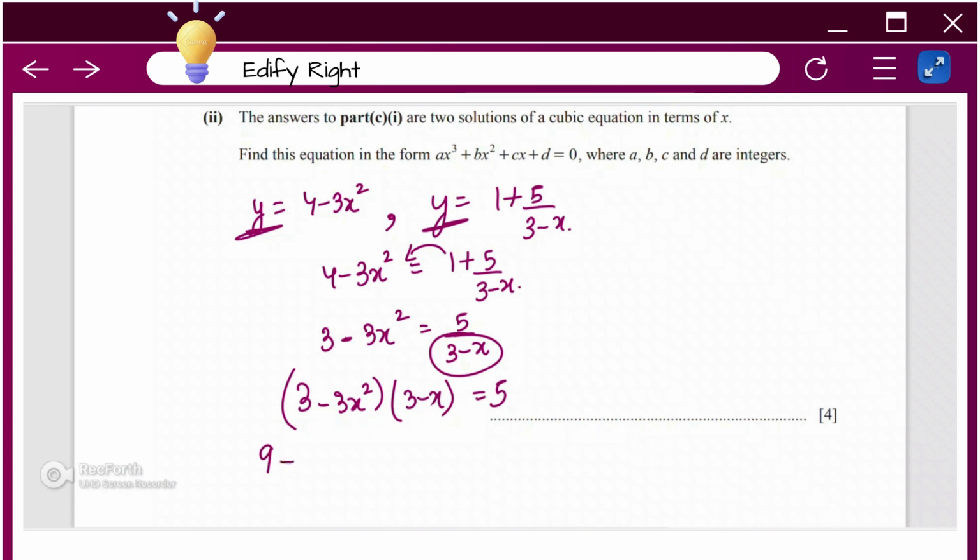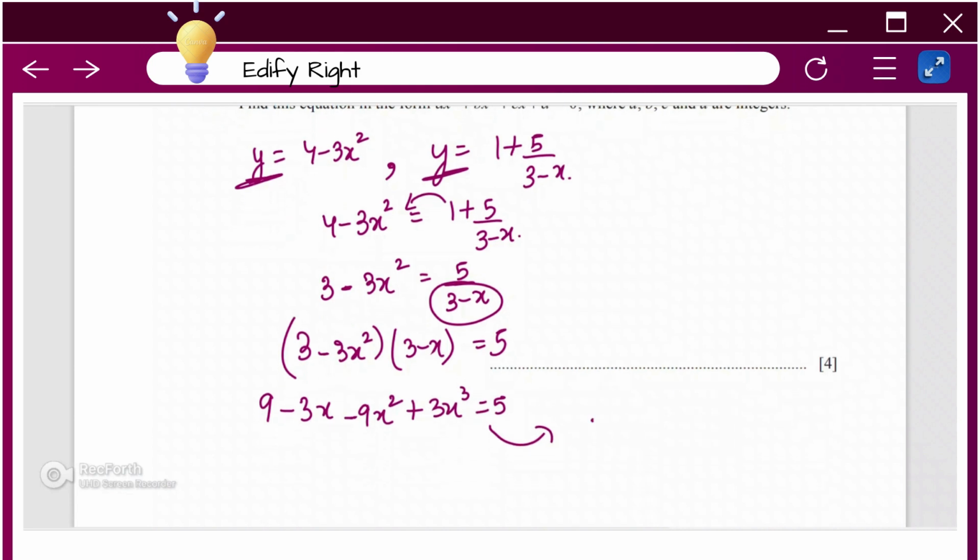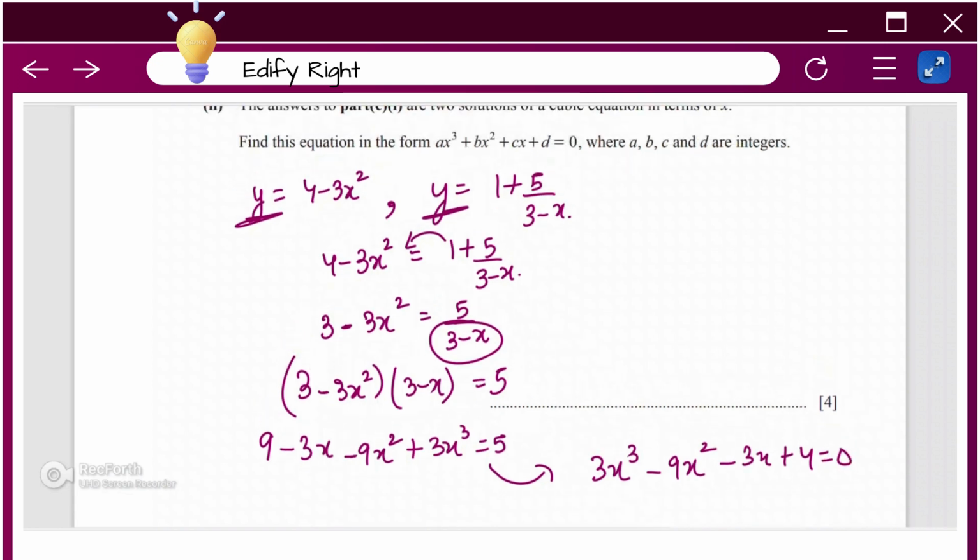And when you split open the brackets, you get 9 minus 3x minus 9x squared plus 3x cubed equal to 5. And let's just rearrange this a little bit and simplify it. We get the final equation as 3x cubed minus 9x squared minus 3x plus 4 equal to 0.